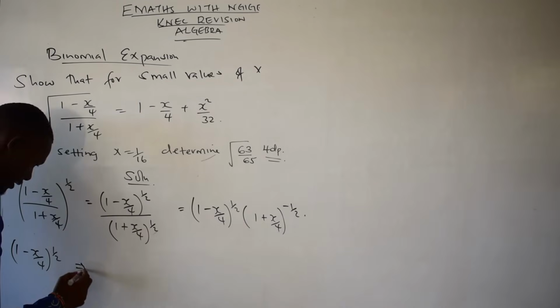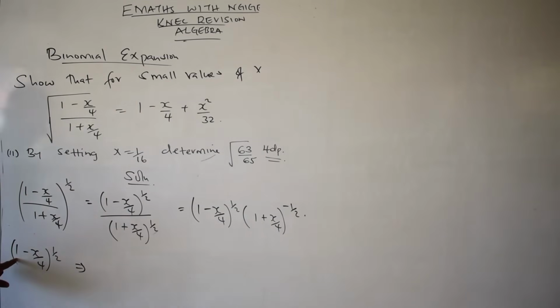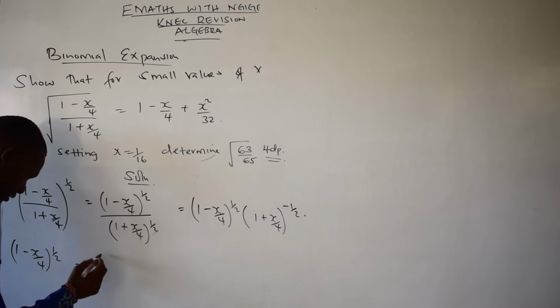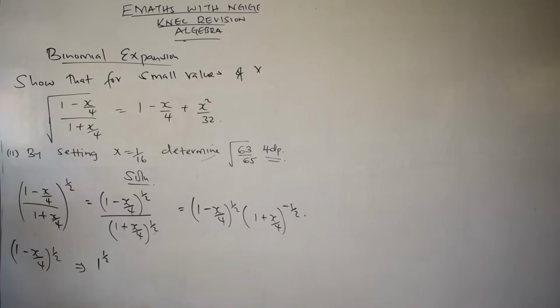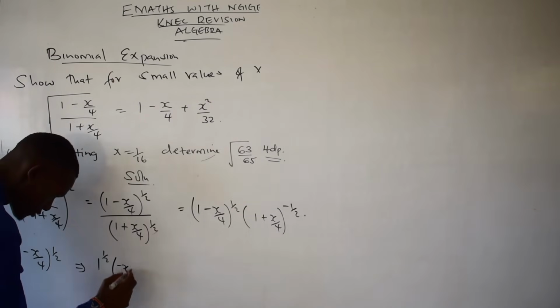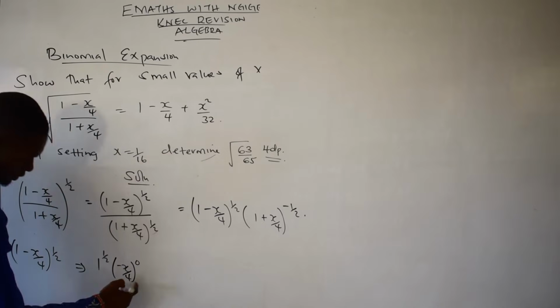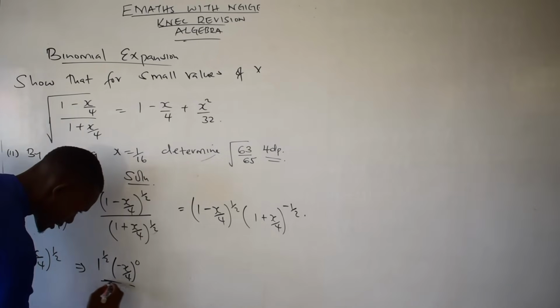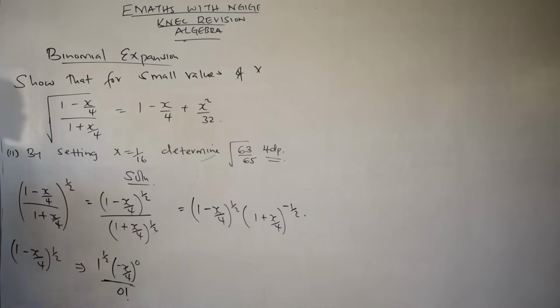So the expansion here gives us what? It is 1 raised to power half, that is the first term, over 0 factorial. Now remember this term here will be negative x over 4 to the power 0, the beginning. Anything to power 0 is 1, but we can just as well write x over 4 to the power 0, then over 0 factorial.